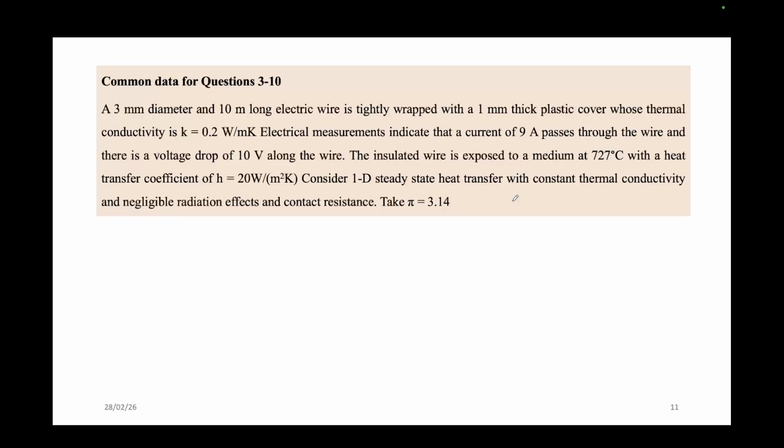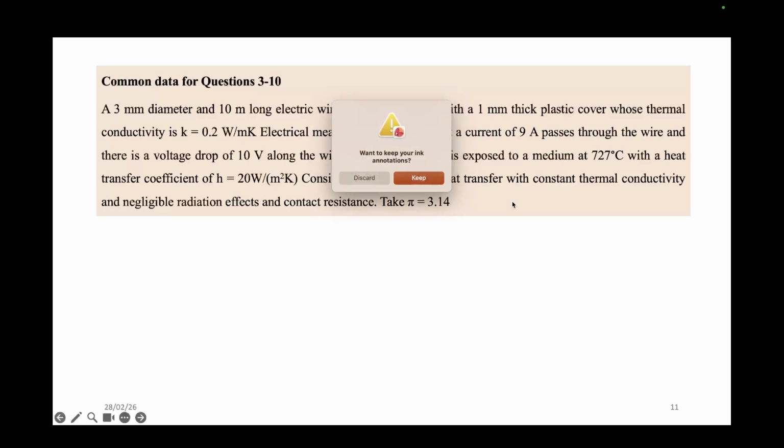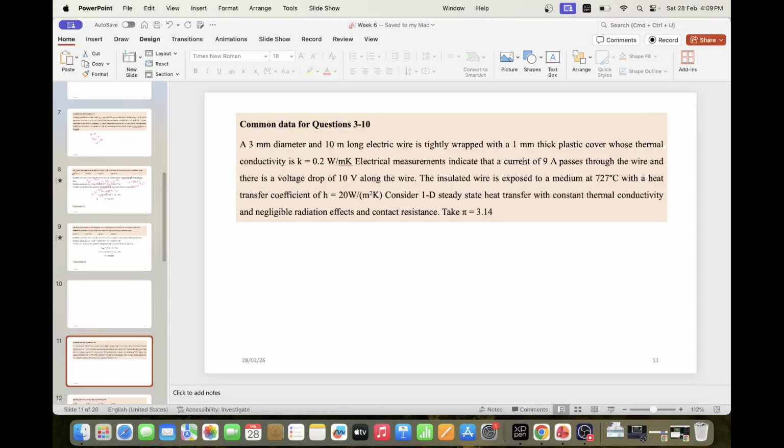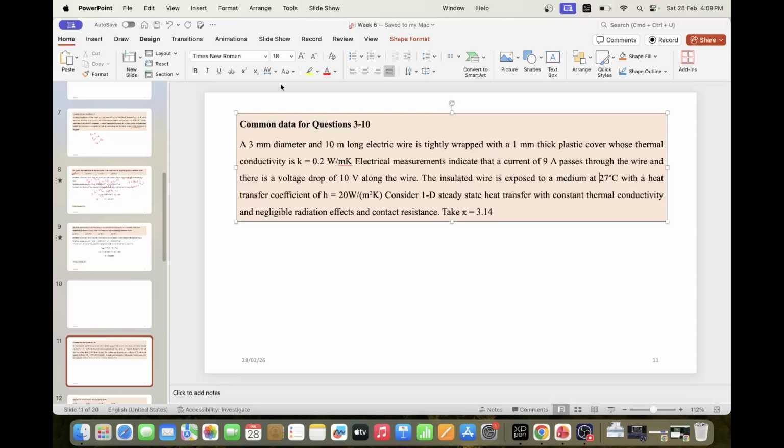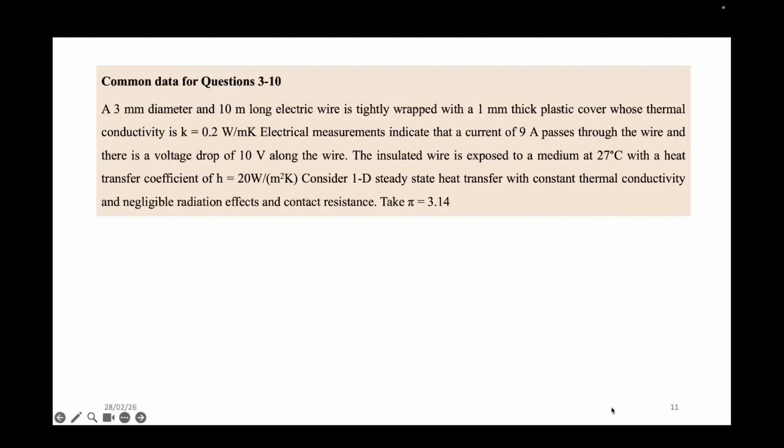Okay. So there is a little mistake here in this question. Let me correct it. This is your 27. Okay, so this is the question. First see what is given in this question, that is important.